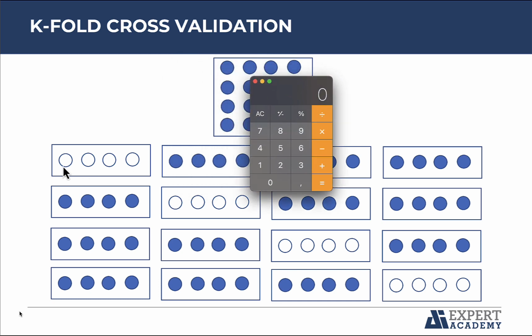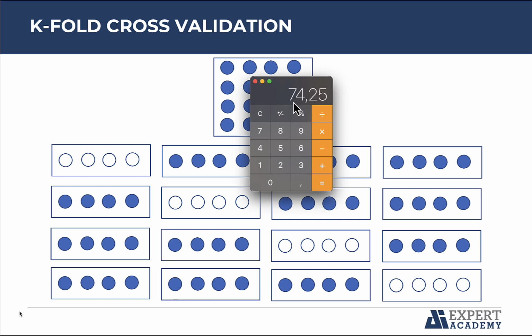Let's suppose that the first result was 71%, the second result 81%, the third 75, and the last one 70. We add all the values and we divide by the number of folds, which is 4 in this example.